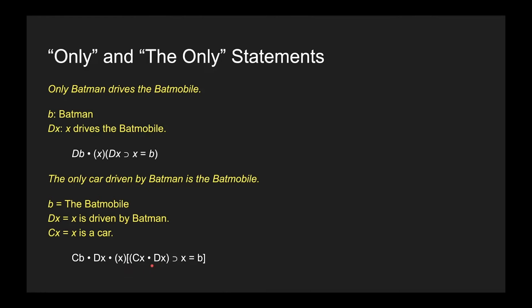So in other words, for anything that's a car and driven by Batman, if there's only one car driven by Batman, everything that's a car and driven by Batman has to be identical to the Batmobile. And that's what's going on here, in the consequent of this conditional. So inside this universal quantifier, we have: take anything you want that's a car and driven by Batman, then that object x is identical to b, the Batmobile.